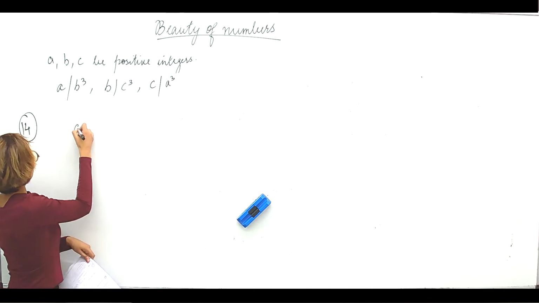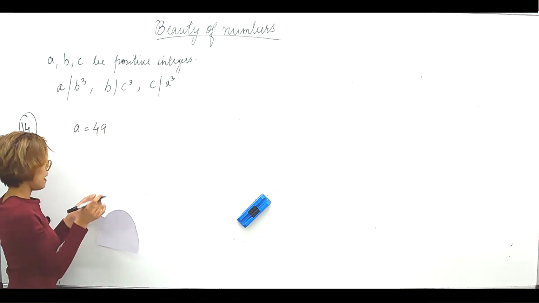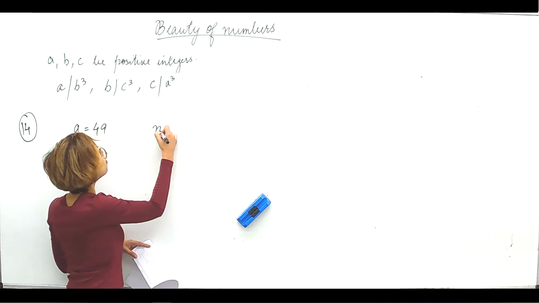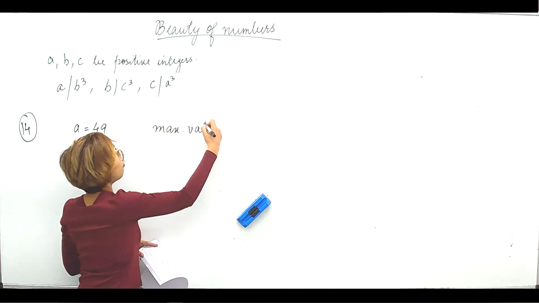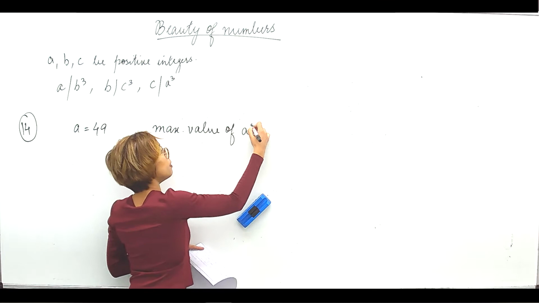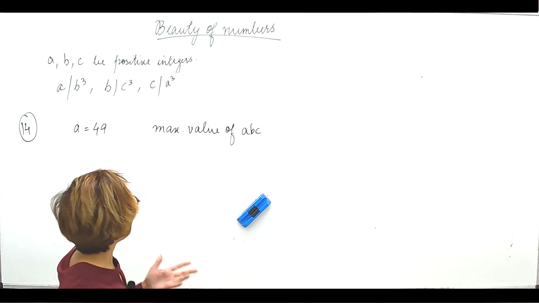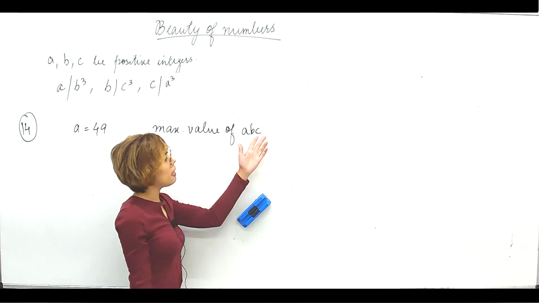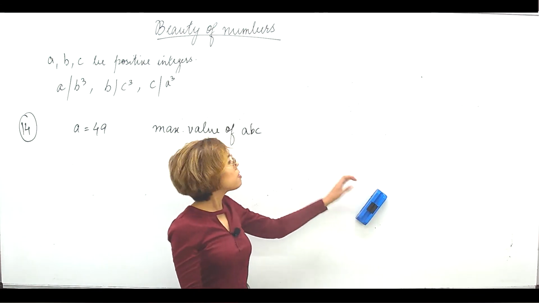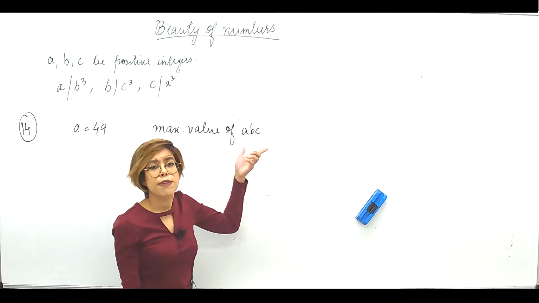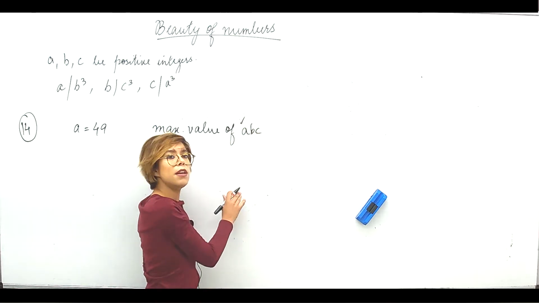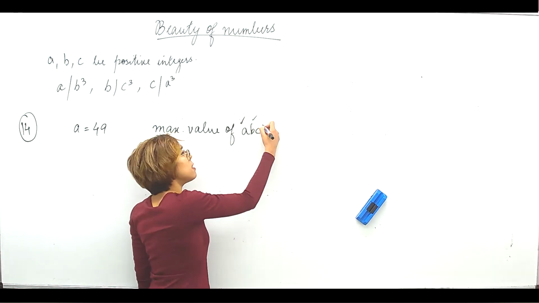If A is equal to 49, then I want the maximum value of the product ABC. Now, if I want the maximum value, I know that A, B and C are positive integers. Obviously, it will occur when A is maximum, when B is maximum, and when C is maximum.